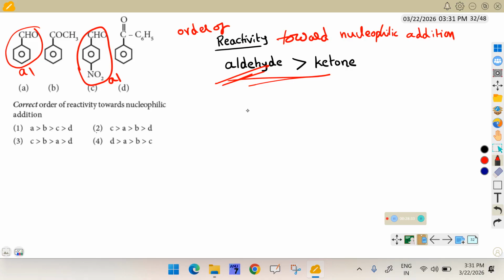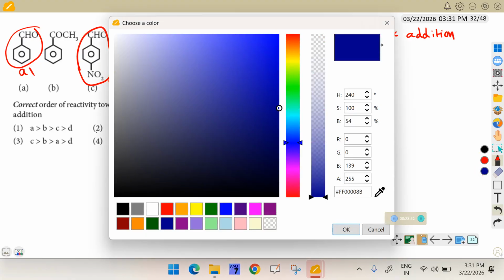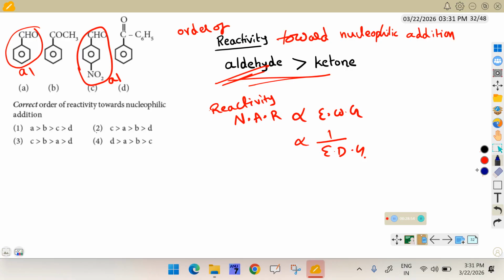After that, reactivity towards nucleophilic addition is directly proportional to electron withdrawing groups and inversely proportional to electron donating groups. We know that here the NO2 group is present, and NO2 is an electron withdrawing group. So C first, then C after A. Only one option matches.